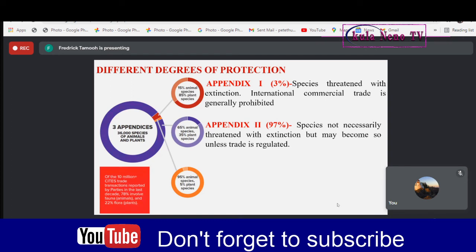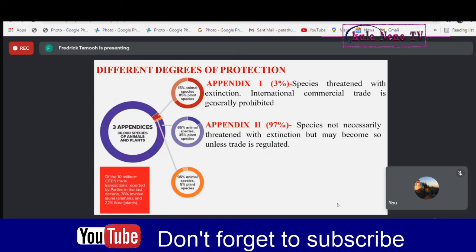Some of them could be endangered. For example, elephants are listed as endangered, and therefore there is need to regulate how we trade specimens from such species.